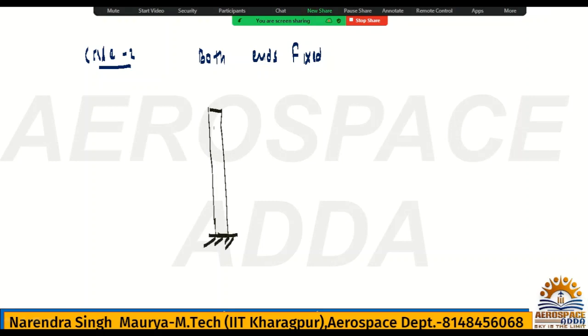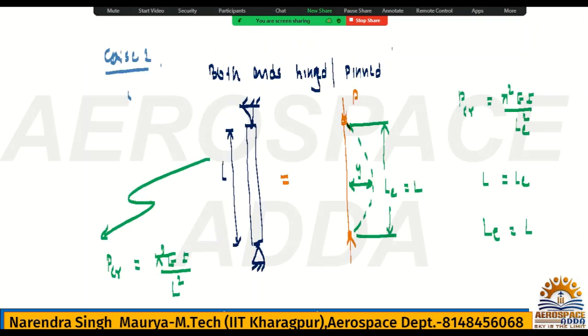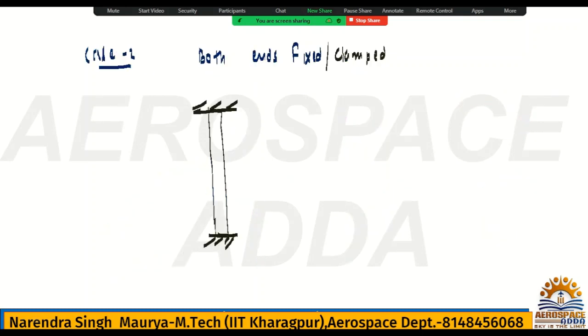Sir, a fixed column is also called clamped, right? Yes, it is also called clamped. And sir, hinge will be hinge only. A hinge will also be called pinned. This is the fixed end, or you can say clamped. And the length of this column is L.